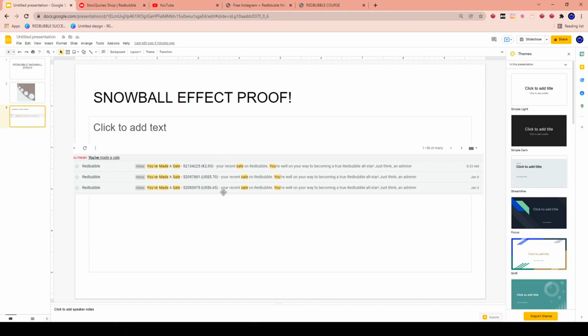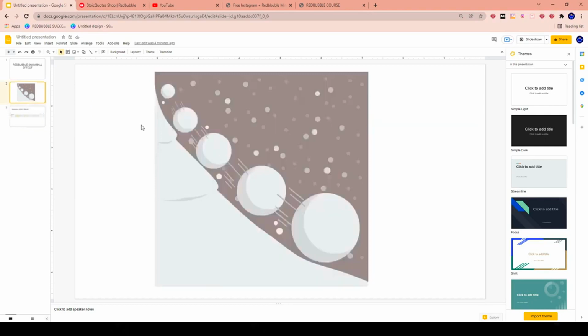Now, these are the same design, but they are different products, right? I think one of them was a poster, or both of them were posters, and I forget what this one was. But the reason I'm mentioning this is because this relates to the snowball effect of Redbubble.